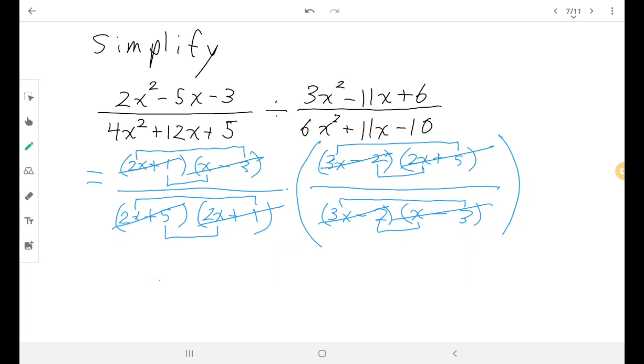And look at that, everything has canceled, which means I had the thing over itself, meaning my answer is 1. Isn't that incredible? I really thought I was going to need more space for that one, but it turns out that I didn't. So I will pause for a moment, let you look at this, see if there are questions.